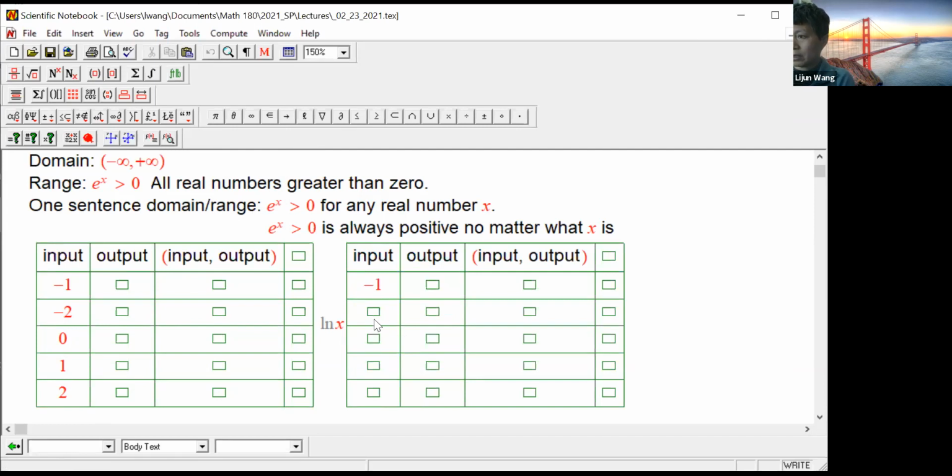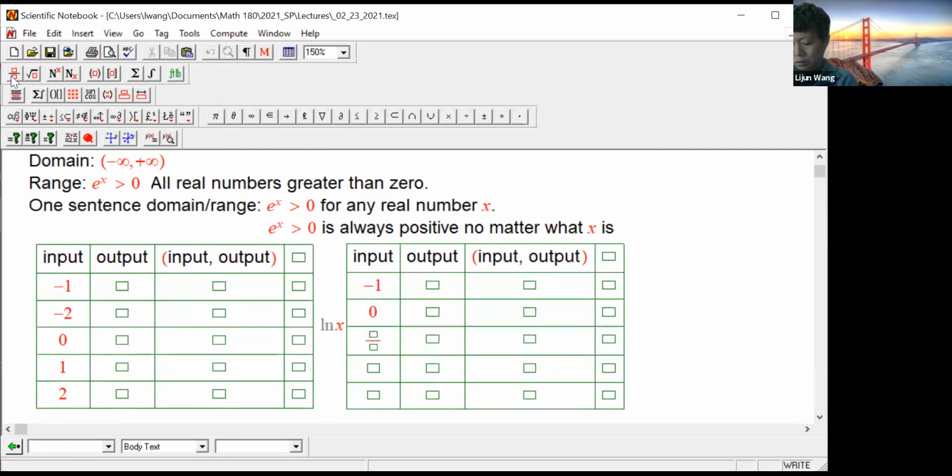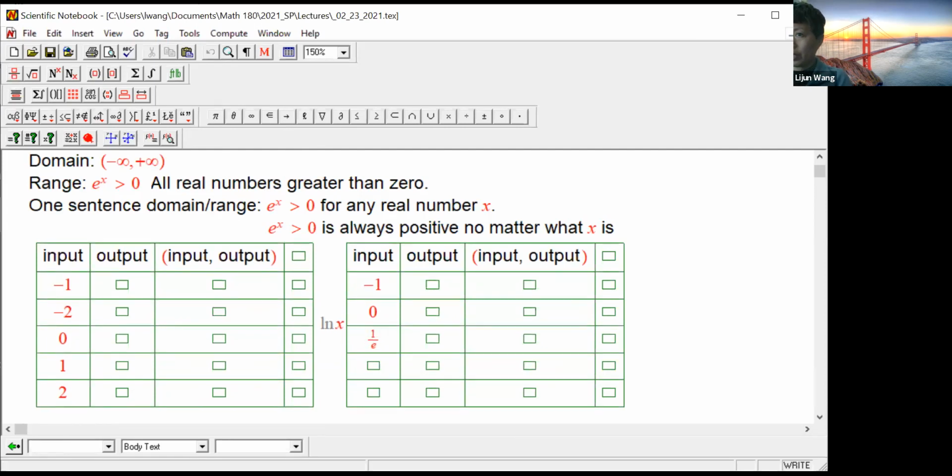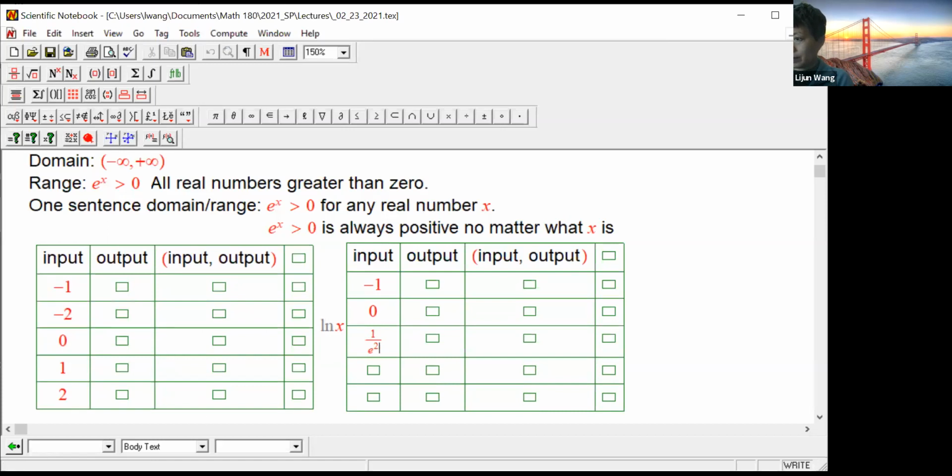Input -1, input 0, input 1 over e squared. Write it down, please. Input 1 over e. Input 1.